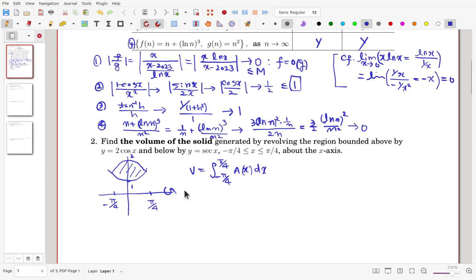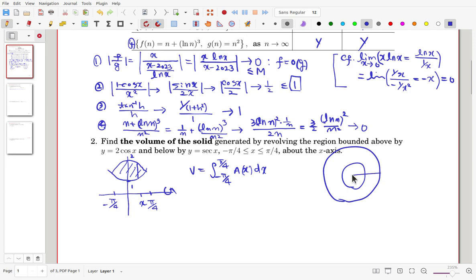For each point between the lower bound and upper bound, x is chosen, then you have to provide the area. For this one, if you look at it from the side, it will make a circle, so that a washer will be made.